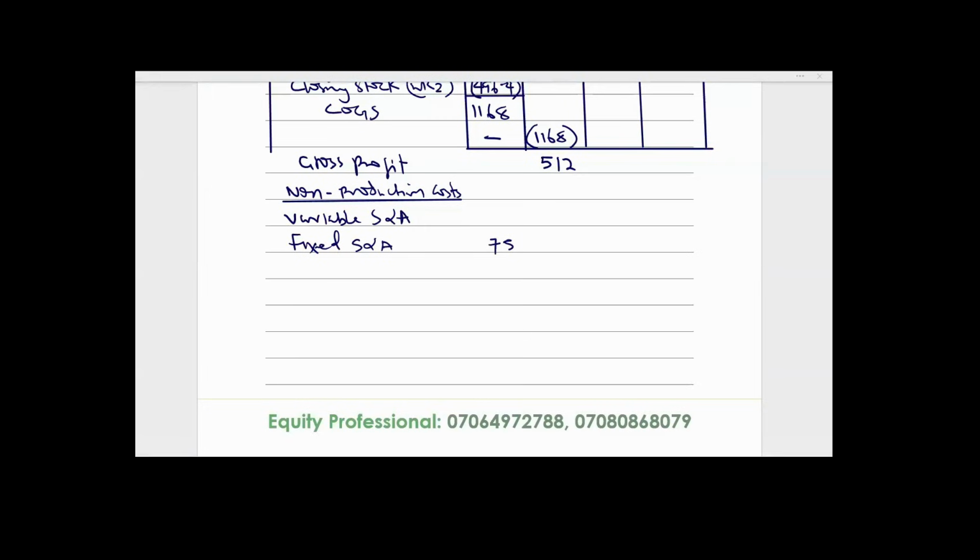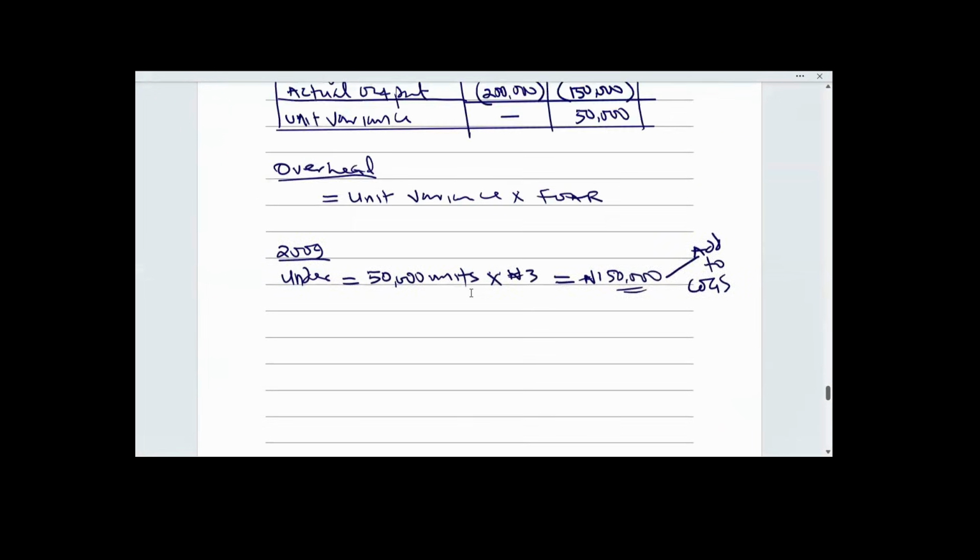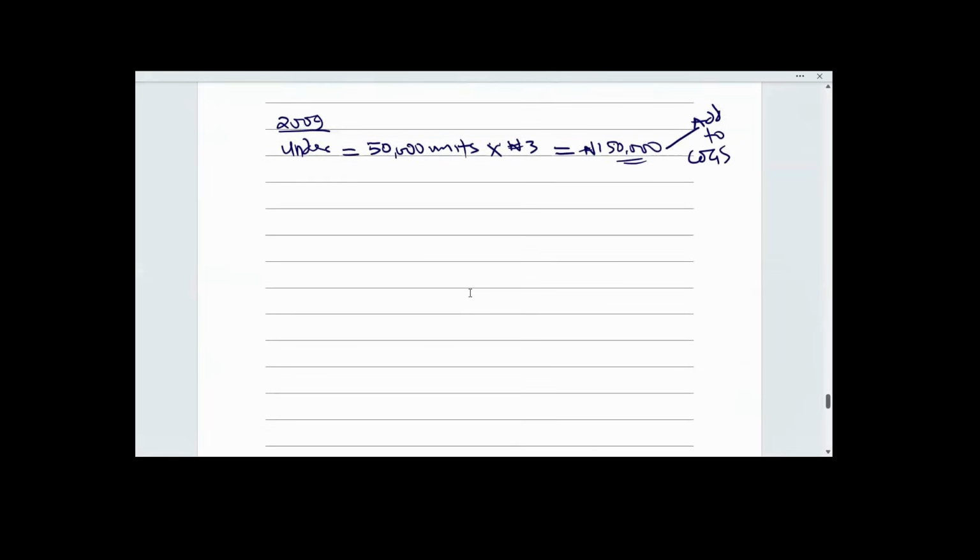unit. So let's go and do working for that, because I know some people will ask me, how do you arrive at variable selling expenses? Let me just write it down for you. Working number 4, variable selling and admin.